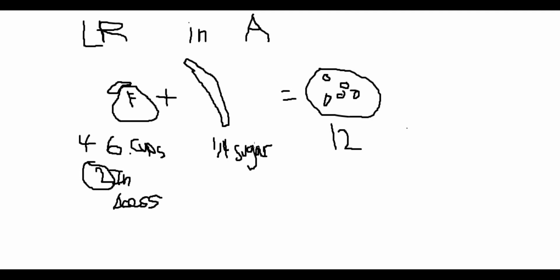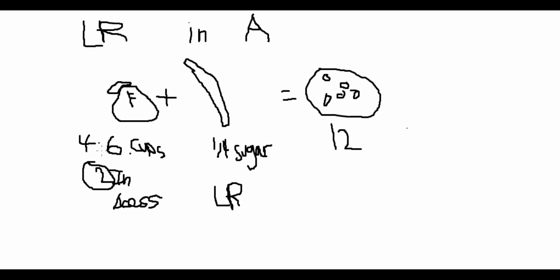And the sugar is going to be the limiting reagent. That is because the amount of cookies that can possibly be made is limited by the amount of sugar. The sugar limits the amount of cookies because there's less.